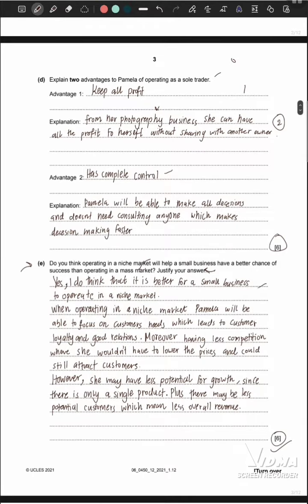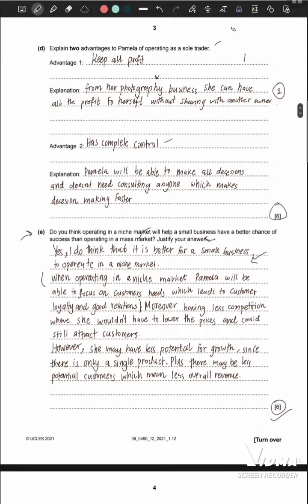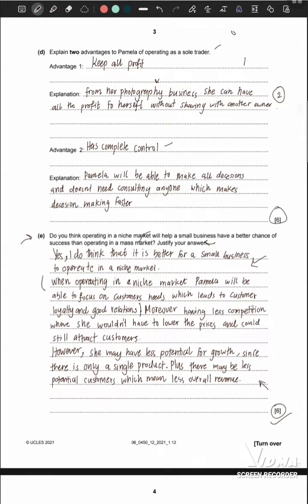Now for this you'll be getting 1 mark for saying whether you agree or not, then 2 for the point I mentioned here, and then 2 for your justification. So basically 2, 4, and then 5.